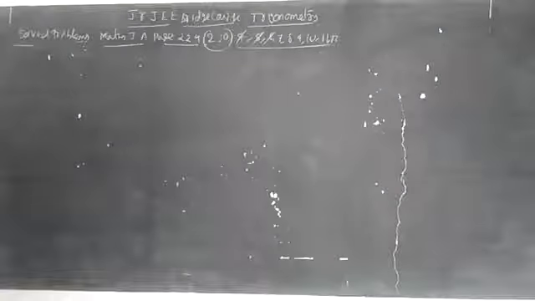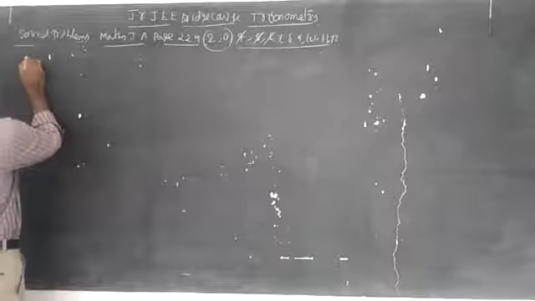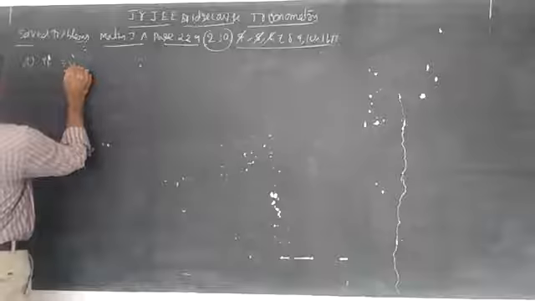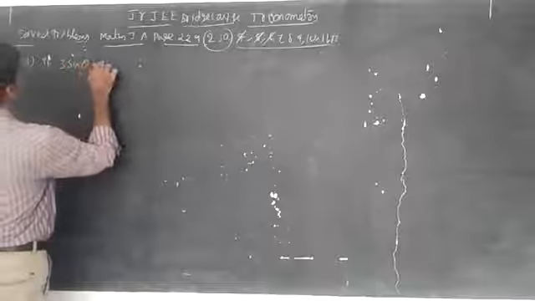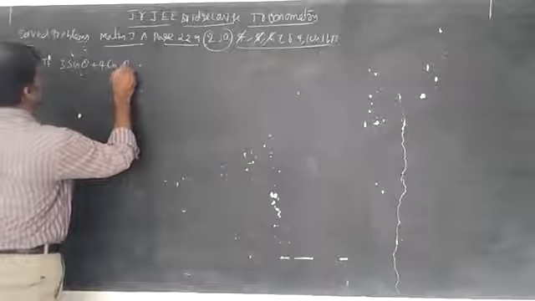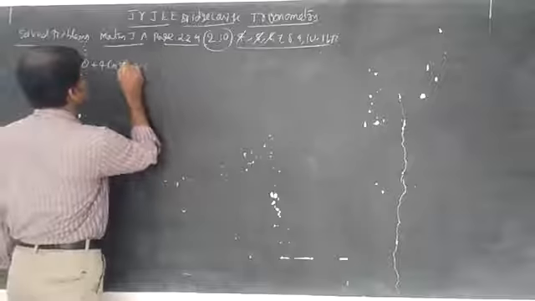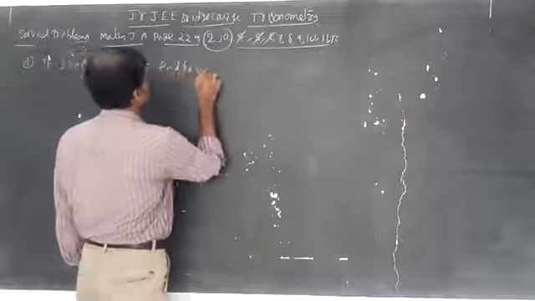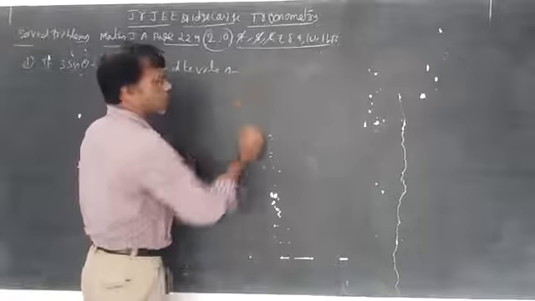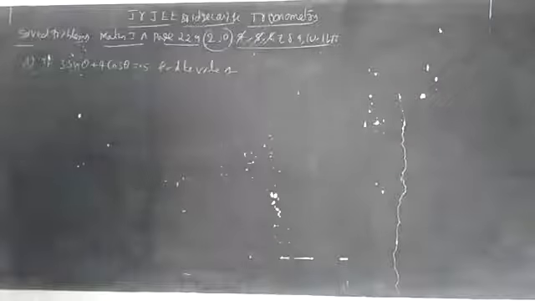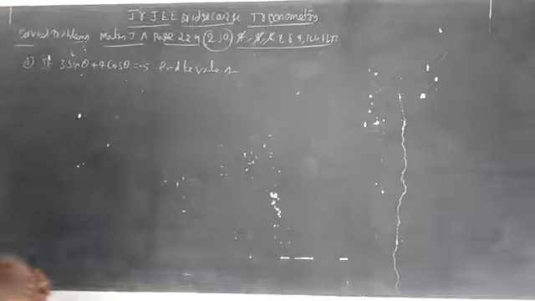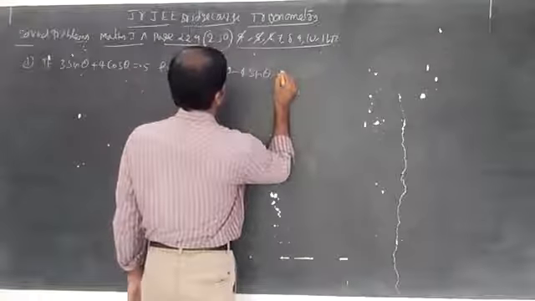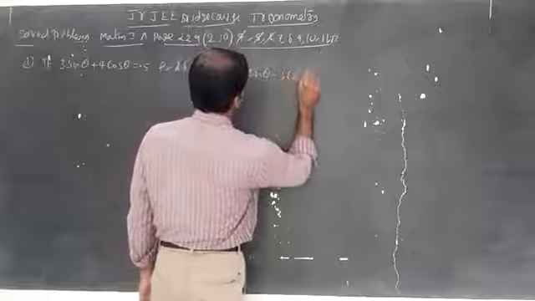Seventh question. If 3 sin theta plus 4 cos theta is equal to 5, find the value of 4 sin theta minus 3 cos theta.